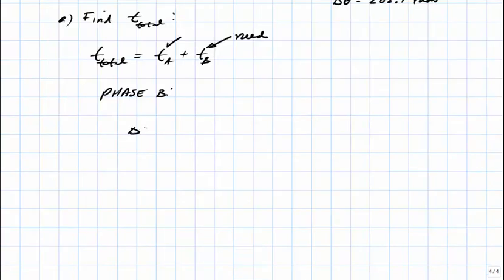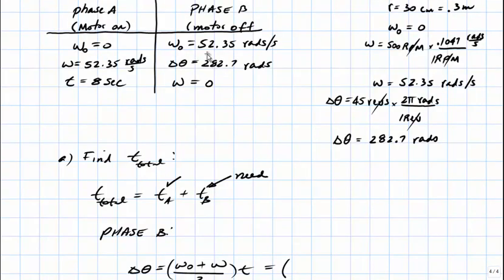So delta theta just equals omega 0 plus omega over 2 times t. That'll equal omega 0 in phase B was given as 52.35.